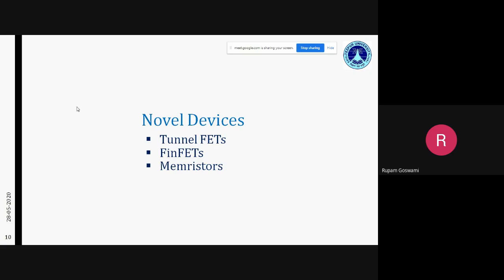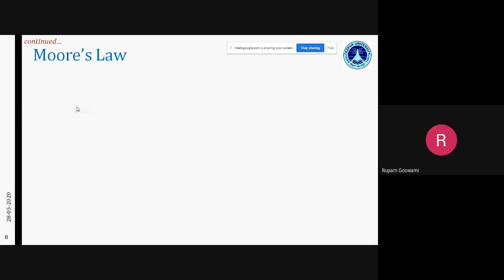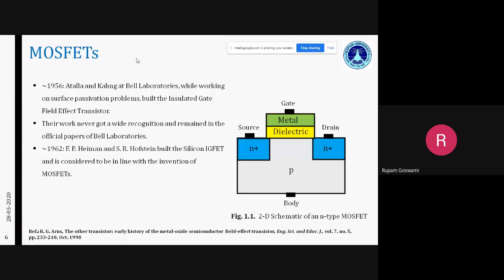Whenever you are shrinking the gate length of a particular MOSFET, you will find that the source and drain regions will come very close to each other. Okay, so if you see this picture on your screen, once you shorten the gate length, the source and drain regions will be close by, as a result of which there will be charge sharing between the gate and the drain.